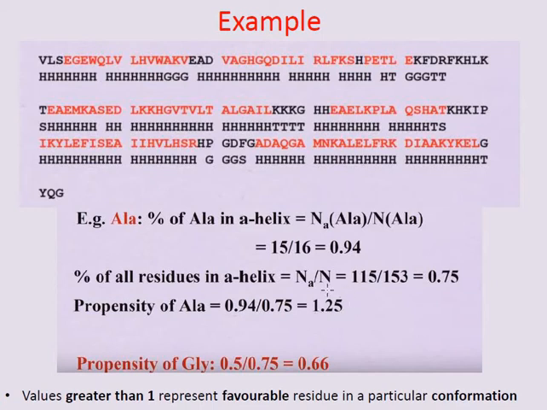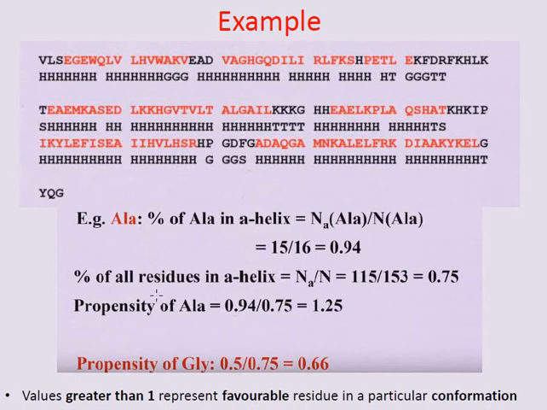As the value is greater than 1, alanine is a strong alpha helix forming residue. We know that proline and glycine residues are generally alpha helix breakers. So how about calculating the propensity of glycine in this case?